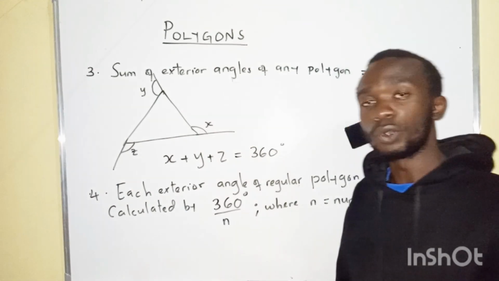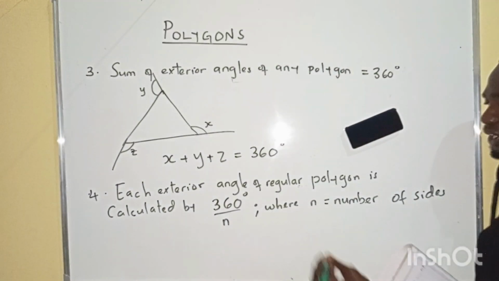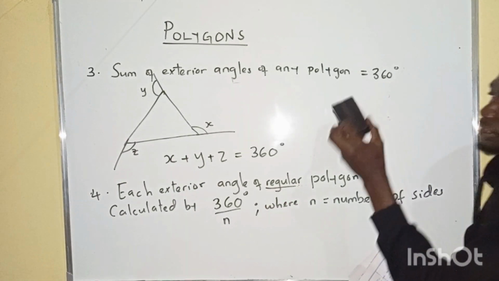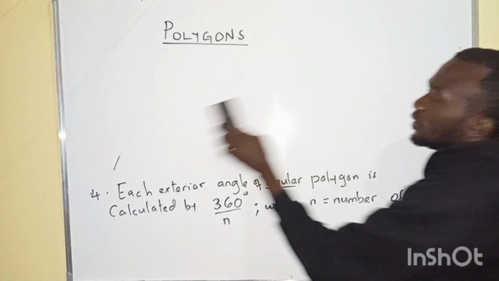Now what is a regular polygon? We have used the word regular polygon, so that brings us to the definition of a regular polygon.